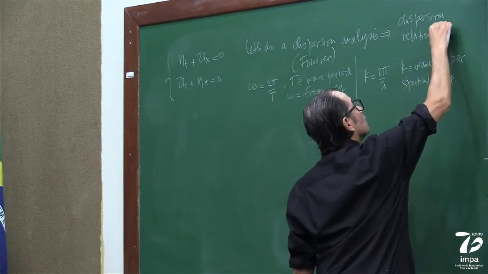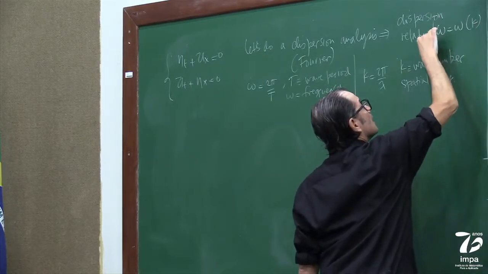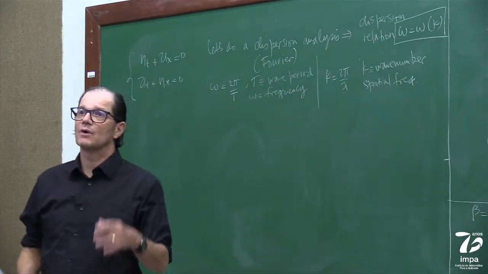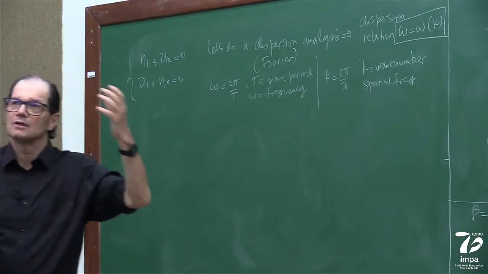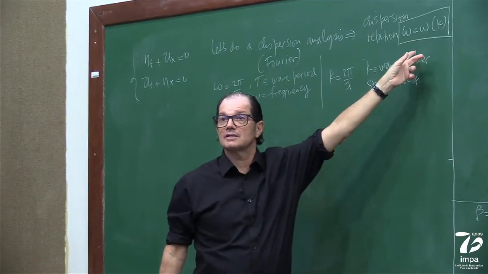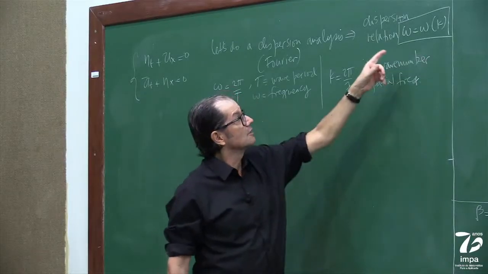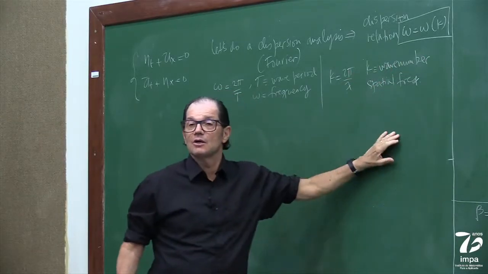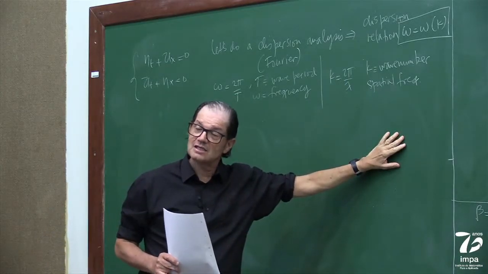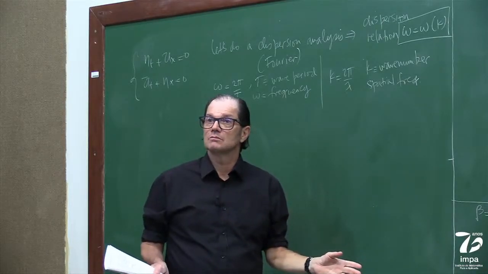We want to find omega as a function of k, and you'll see why this is useful. So basically it's a relation between the two frequencies, the spatial one and the temporal one. That dispersion relation is basically how we can transform the PDE, that is a differential equation, into an algebraic equation.